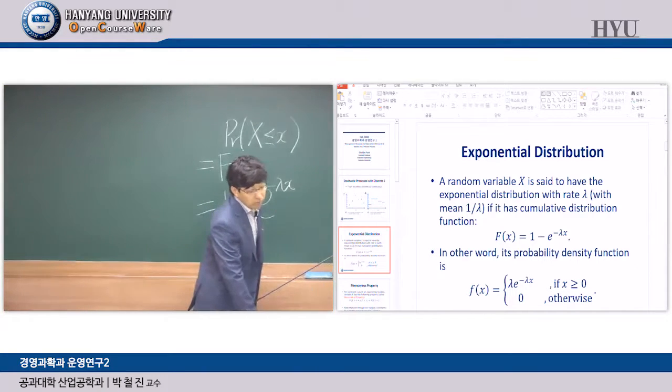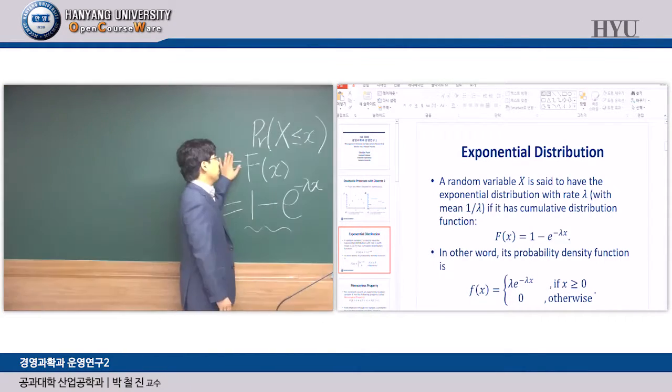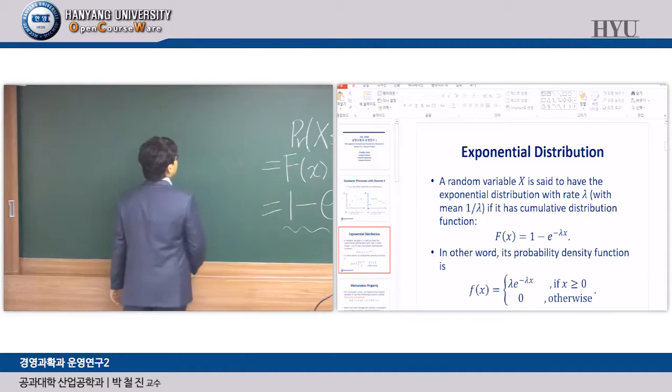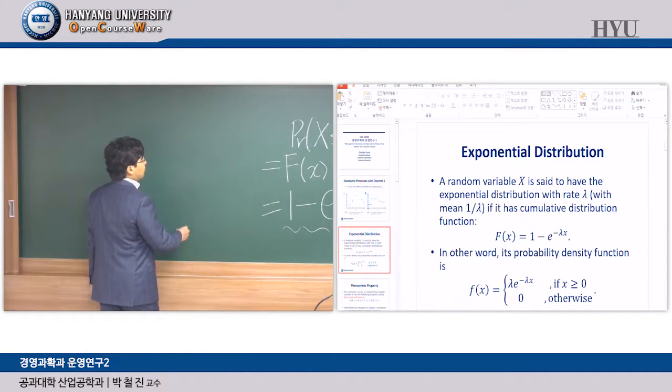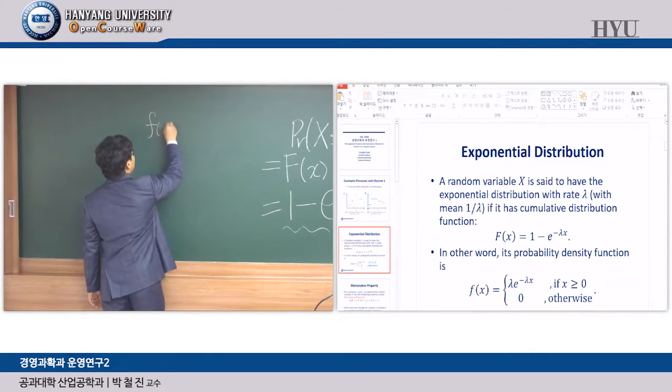In other words, we can define this random variable with the probability density function rather than the cumulative distribution function. When we consider the first order derivative of the cumulative distribution function, we usually use small f of x.